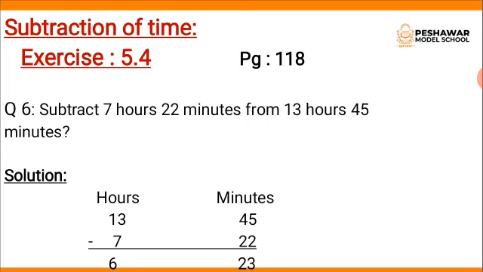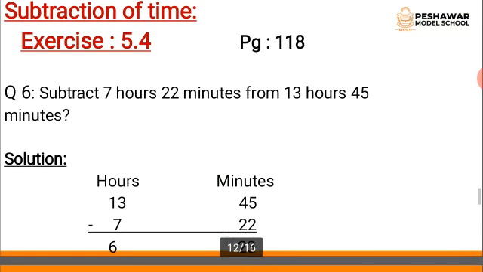Subtraction of time. Okay boys, now page number 118, exercise 5.4. Subtract 7 hours 22 minutes from 13 hours 45 minutes. What you have to do? You have to subtract 7 hours 22 minutes from 13 hours 45 minutes.